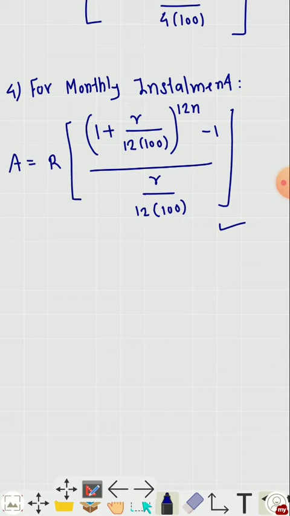Similarly, for monthly basis, the number 12 is to be placed in the formula.